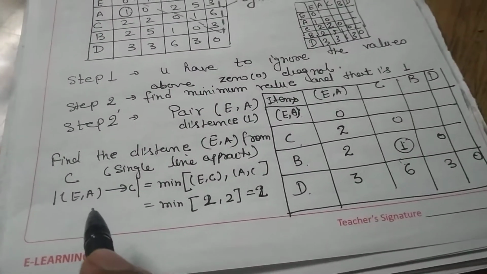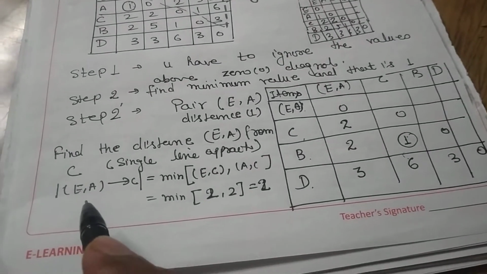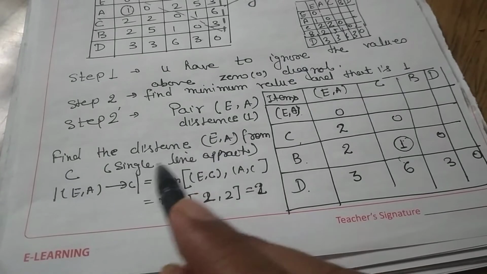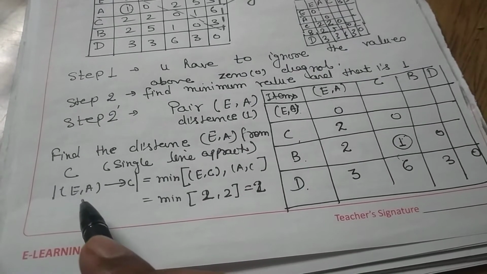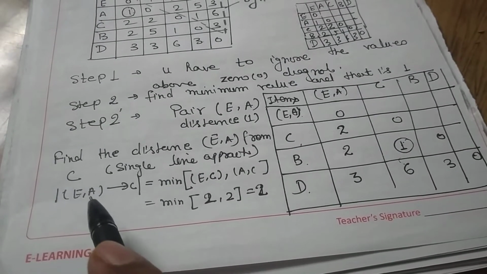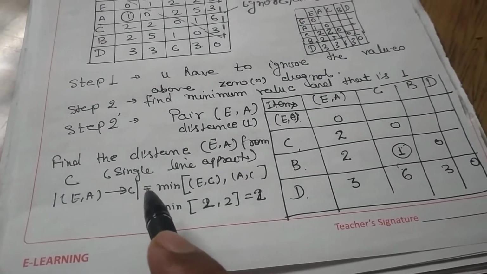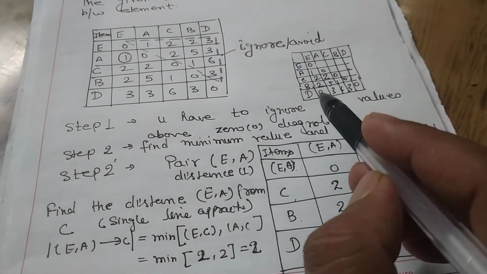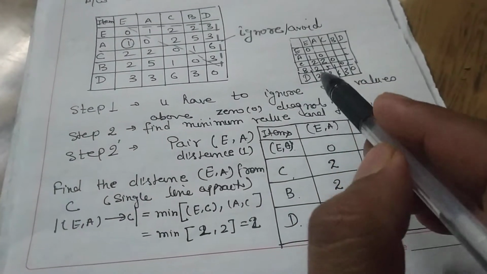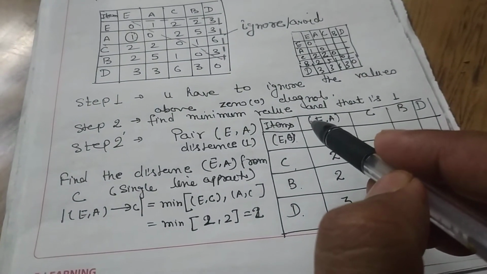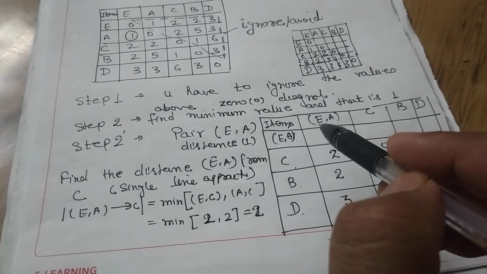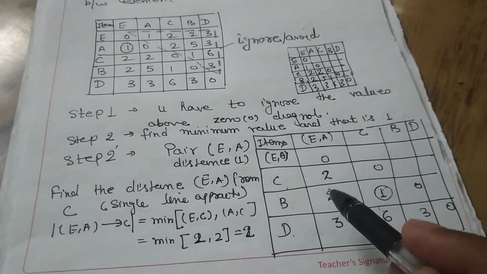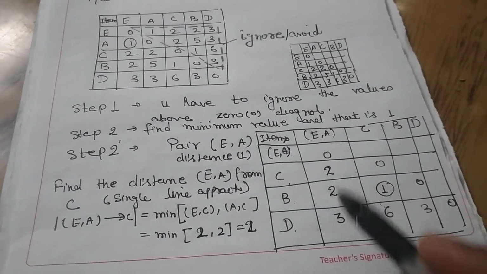The formula for single link is: E,A to C is the minimum of EC and AC. In the above matrix you can find the distances EC and AC, and whichever is minimum you insert at that position.